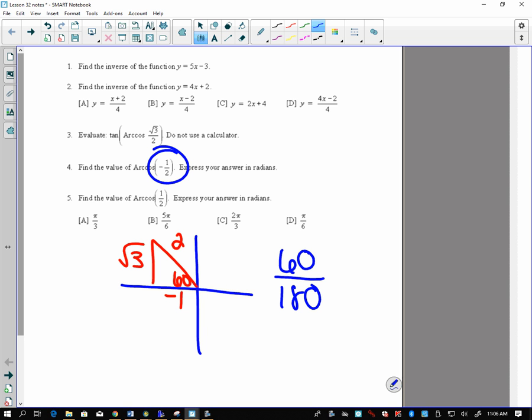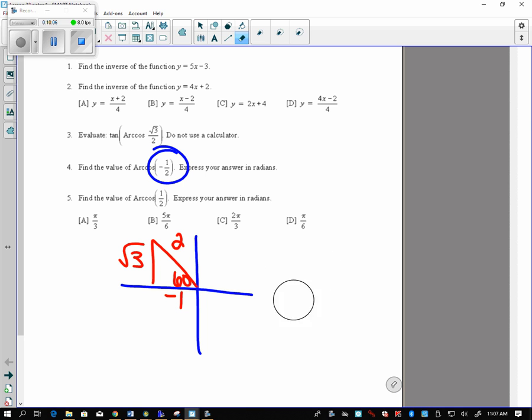Okay, let me double check on this. Because I've got 2 pi over 3, so I got something like 2/3. Because we're at 60 degrees, right? 60 over 180? Well, yeah, it should be 1/3. What am I doing wrong? Give me a second here. All right. So, I was a little off on this. All right.